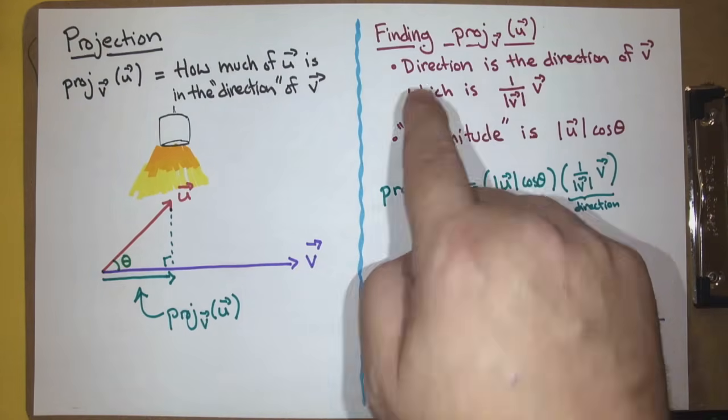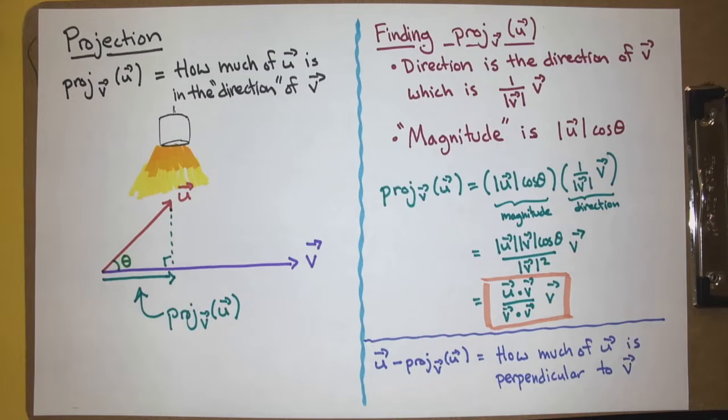You say, okay, I know the direction because I want it to be in the direction of v. So I go to v and I say, okay, v, give me your direction. Well, how do I find direction of a vector? We look at the unit vector. The unit vector gives us direction. So our desired direction, 1 over magnitude of v times v. That's the unit vector pointing in the direction of v.